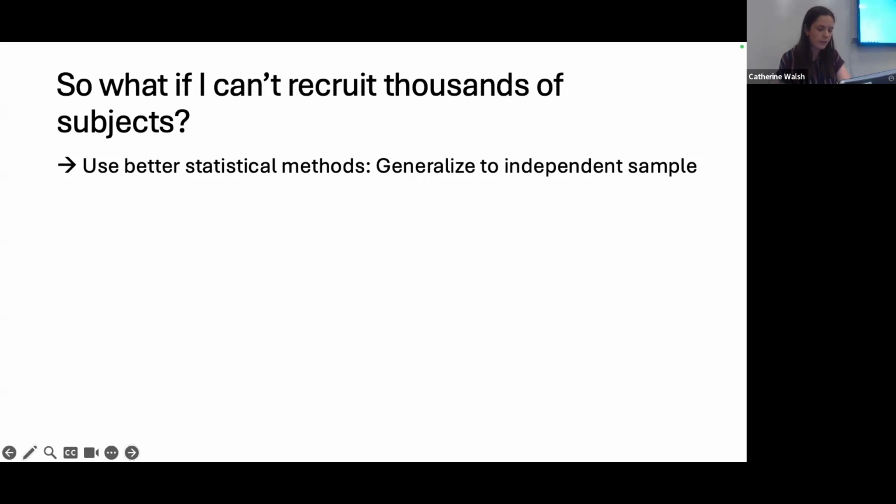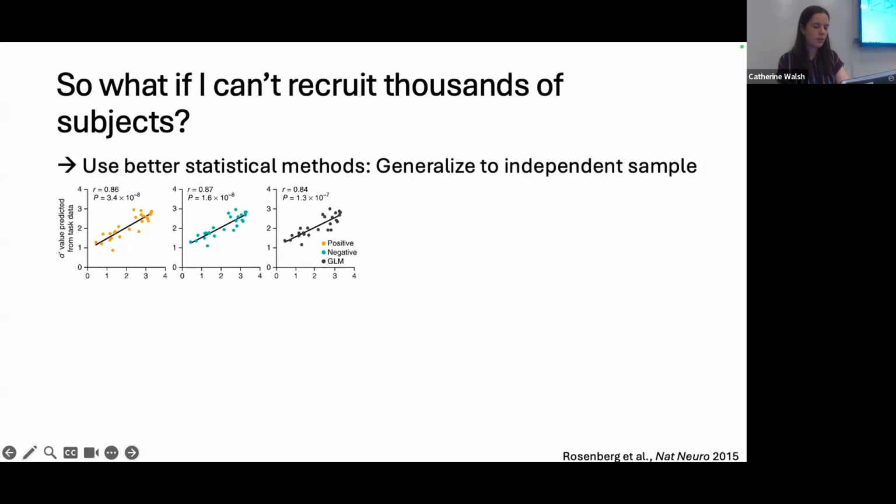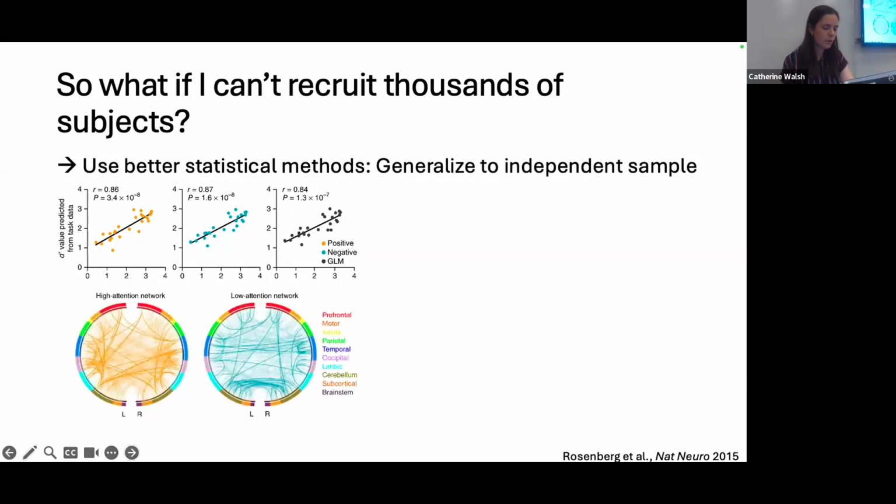For instance, in a study from Monica Rosenberg, they used task and rest data to predict scores on a sustained attention task, and they were able to do really well. Their model let them see which edges of functional connectivity were particularly relevant, so they could use this to define a network that they called the sustained attention network.